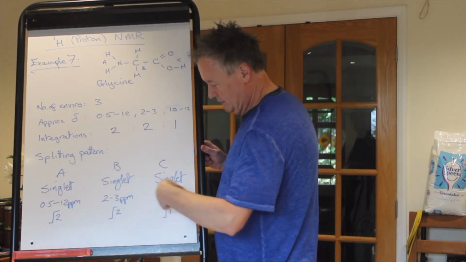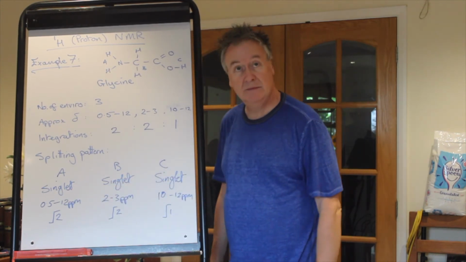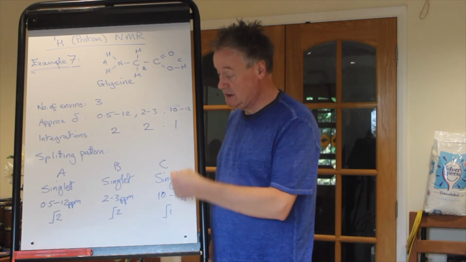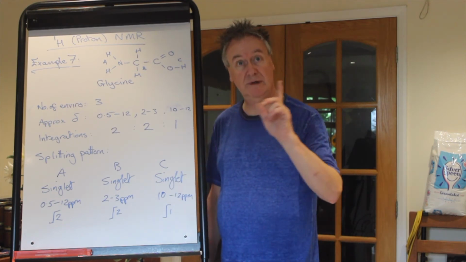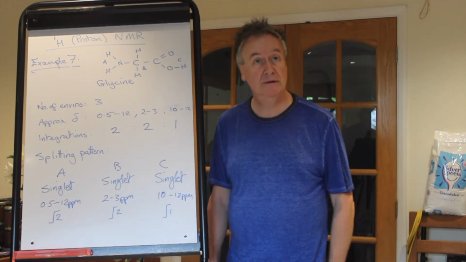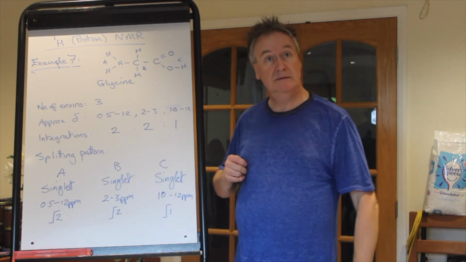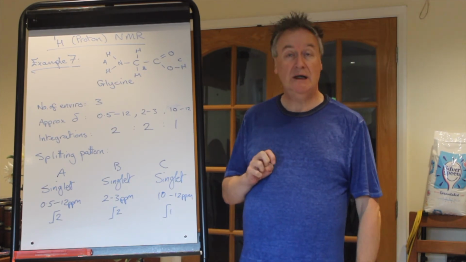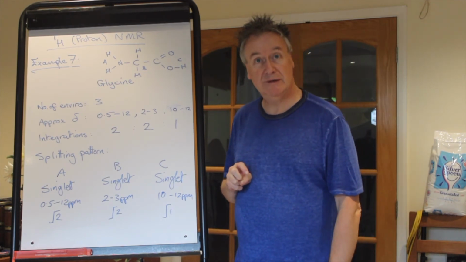And that just summarises the chemical shifts and the integration sizes there. So you would just have, in high resolution, 3 lines, because there is no spin-spin coupling taking place in glycine. That's it. Next example is very different. So I will see you once we're ready for it.